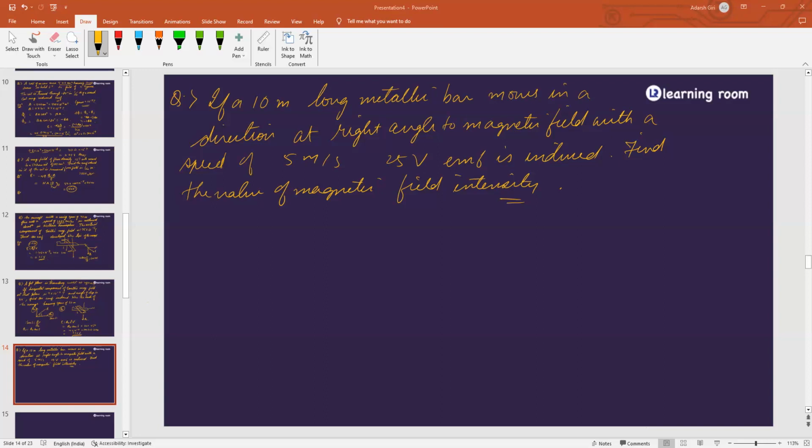All right, see here, everyone. So this is very easy. EMF induced is B into L into V, right?